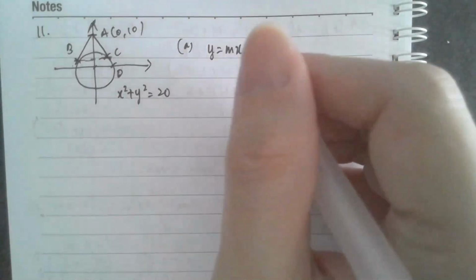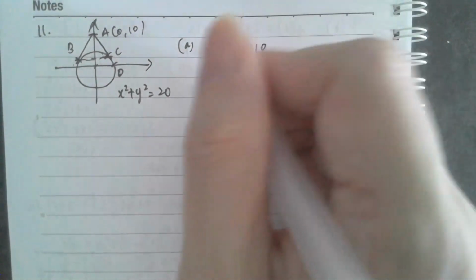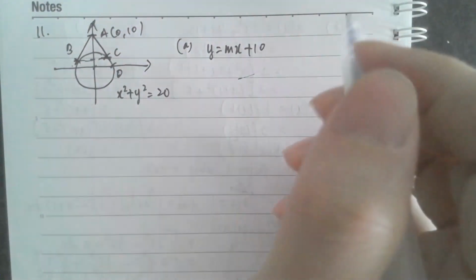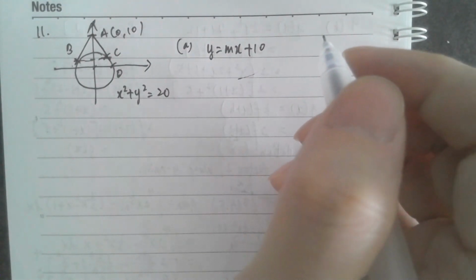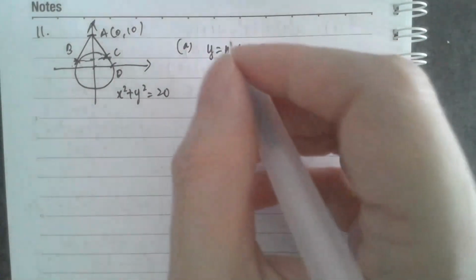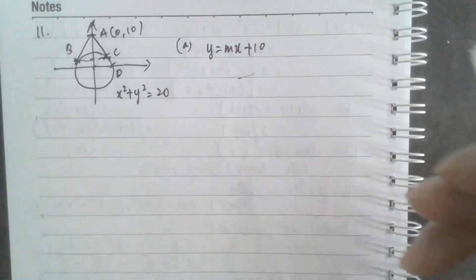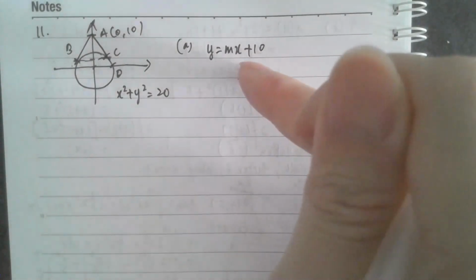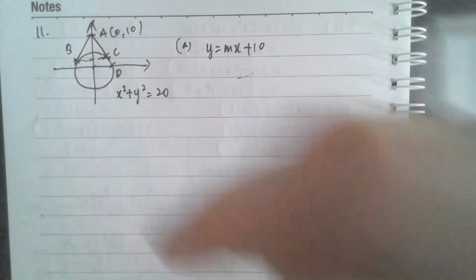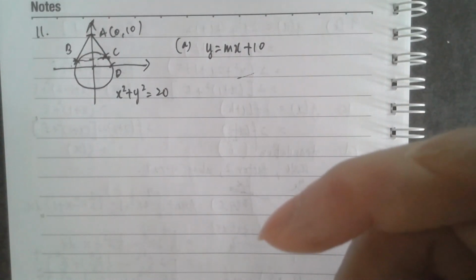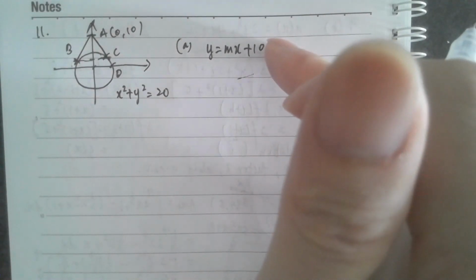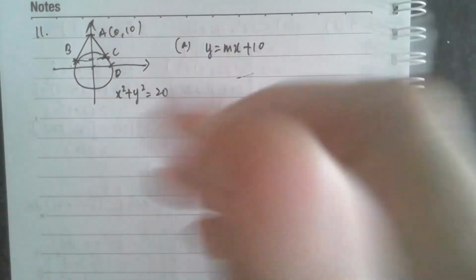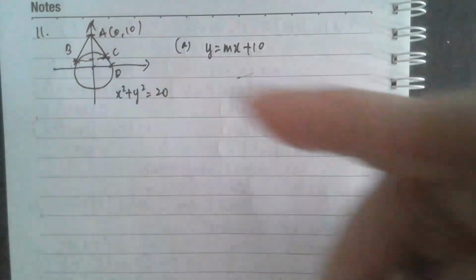Since the question guides you by saying to use y equals mx plus 10, we can substitute this into here. It makes more sense by substituting the x value and solving for y, because there's just one y value.